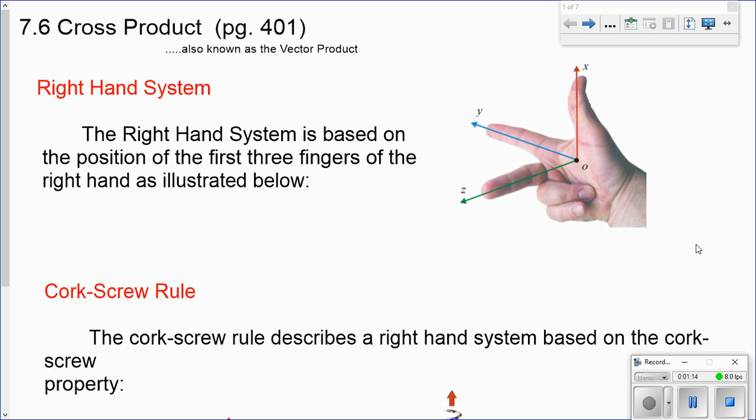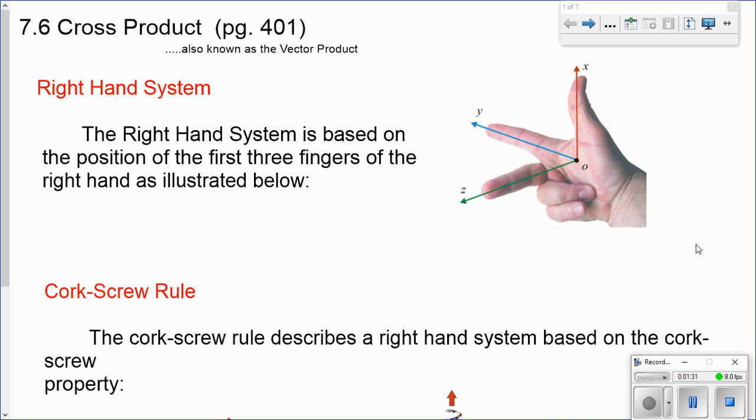It's a rough way to do this. This is legit though. This is called the right hand system for looking at a plane, and you can look it up on the internet. It's fine. But you basically use your right hand and look at the xy plane here.